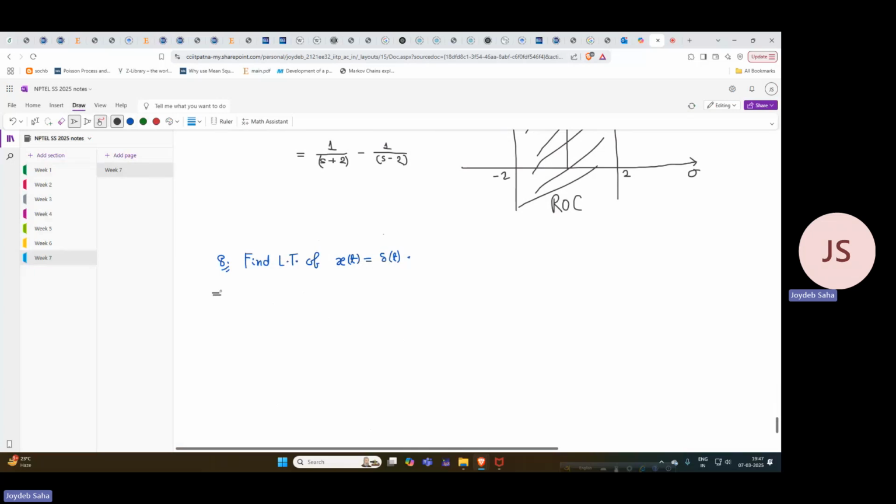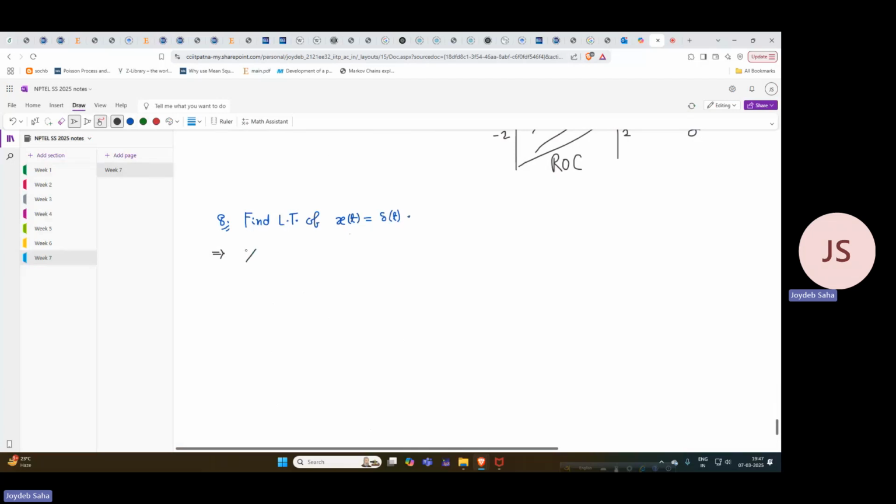So let us simply solve this. What will be X(s)? From the definition, it is the integral from minus infinity to plus infinity of e to the power minus st delta(t) dt.